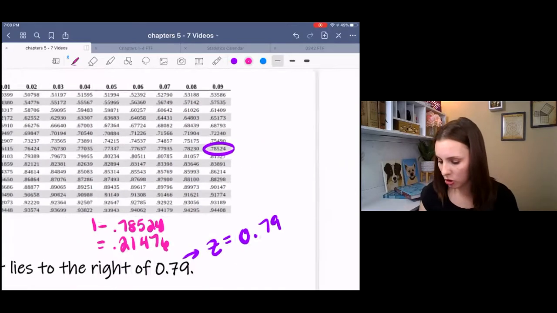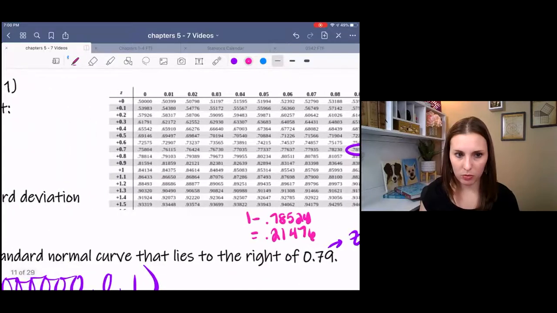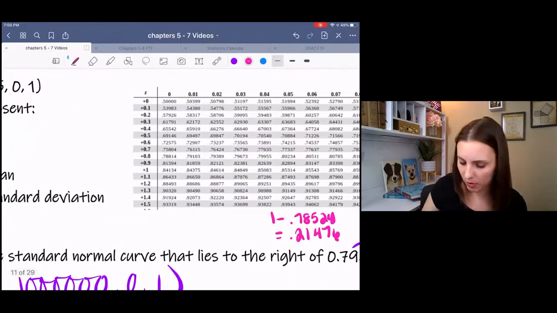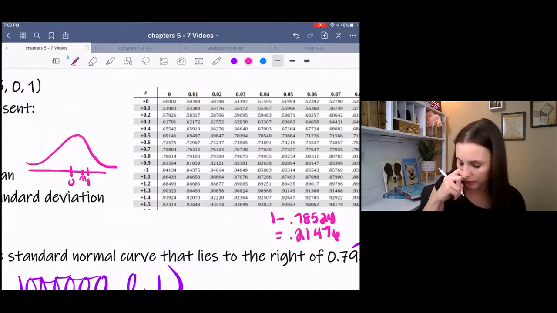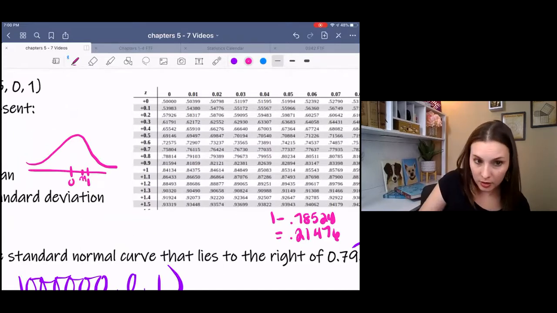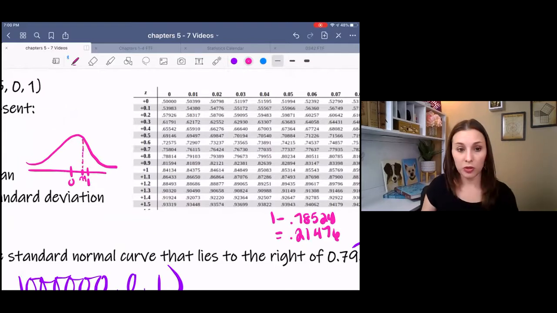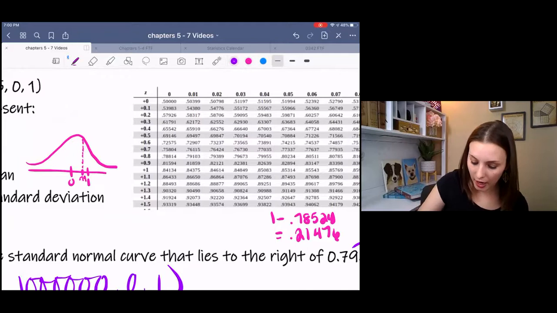So I want to show you a picture of that because you might get caught up in the wording. We're saying the z-score is 0.79, and the table gives us the area to the left.